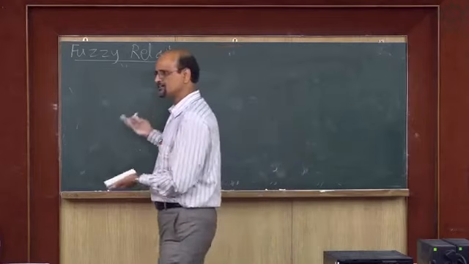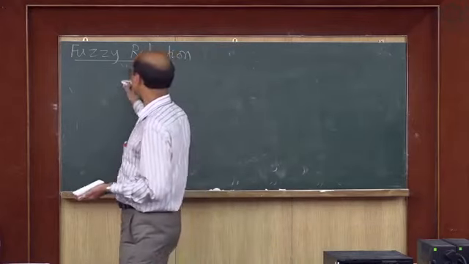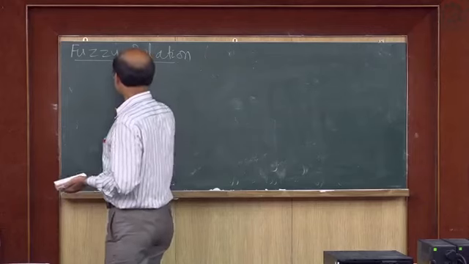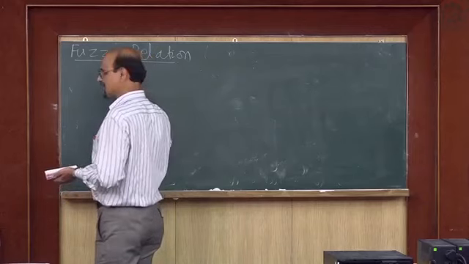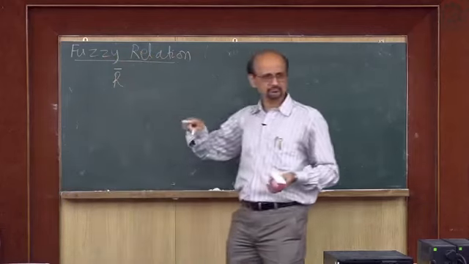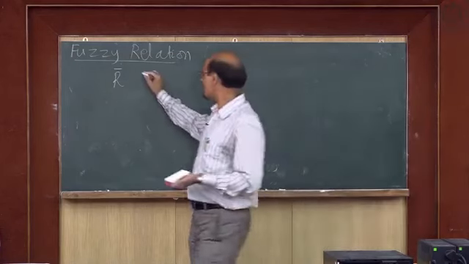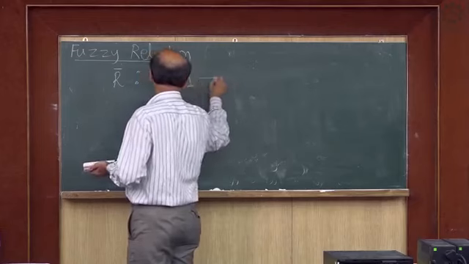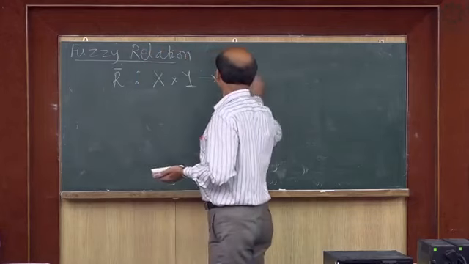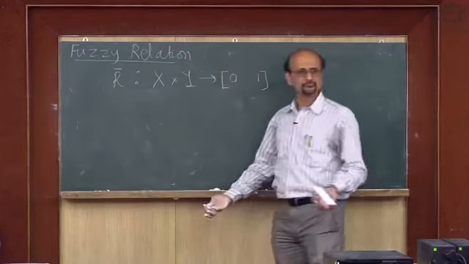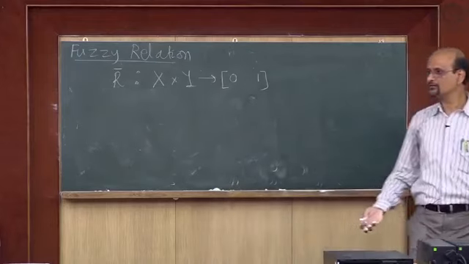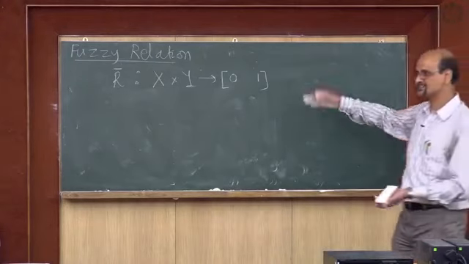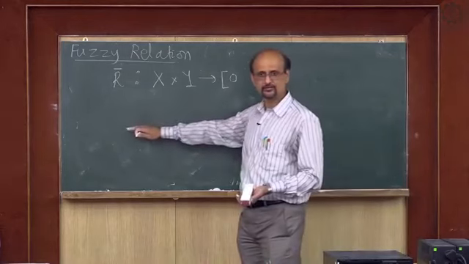So, here let us extend; it is very simple, you now know fuzzy sets. So, this will be a relation, again R bar, which I am using for the fuzzy relation. R bar will be a mapping from X cross Y to the interval [0, 1]. Now you understood the extension from crisp to fuzzy.